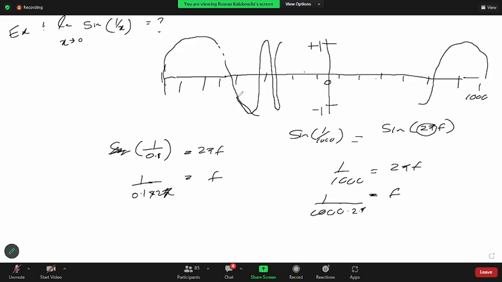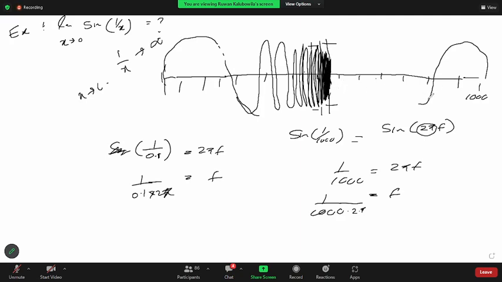Higher frequency means now you have oscillation like that. When it's very near to 0, this oscillates at very high frequency, right? You cannot define it because it goes to infinity. 1 over x, when x reaches 0, goes to infinity. So you cannot define an exact value, but you know that it has higher frequency.